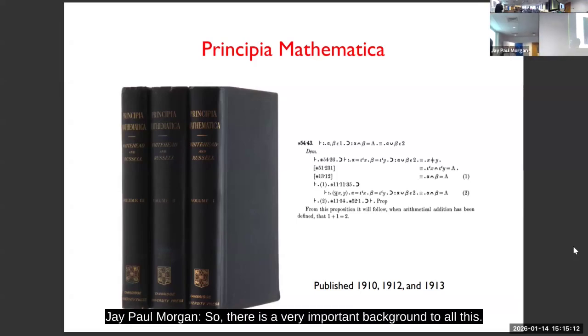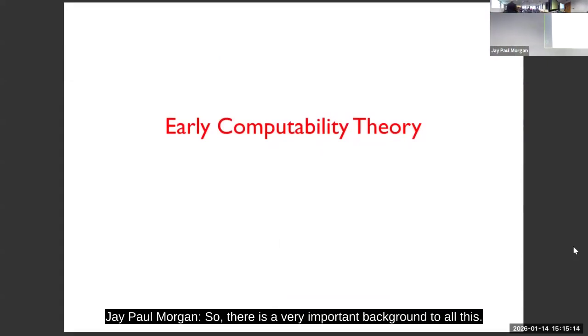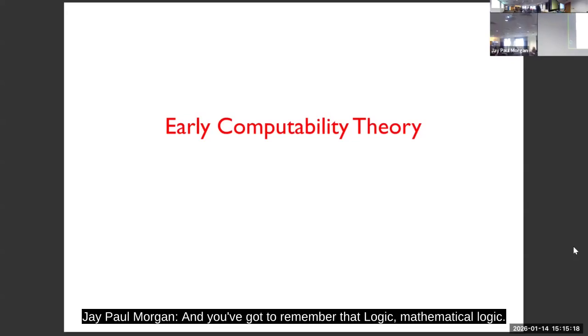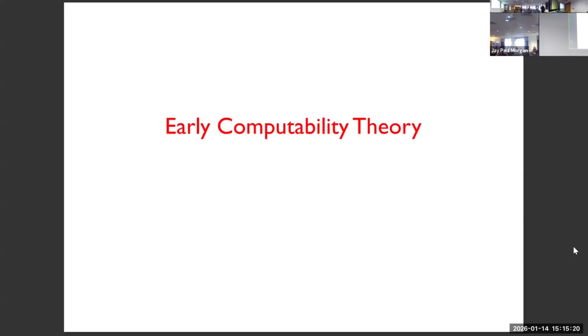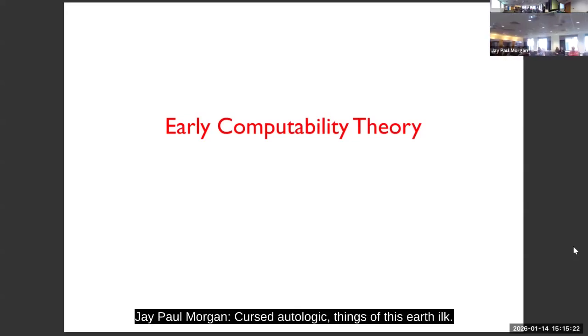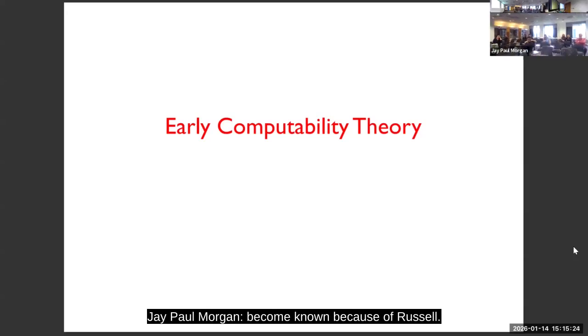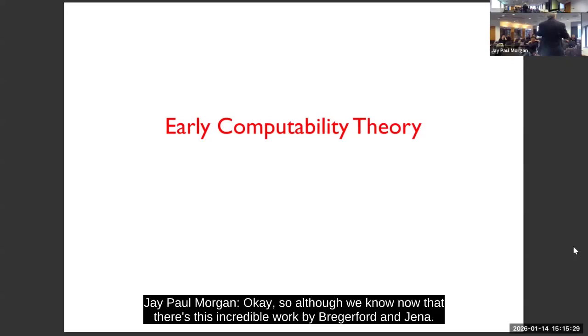Oh, yeah. So there is a very important background to all this. And you've got to remember that logic, mathematical logic, first order logic, things of this ilk, become known because of Russell.